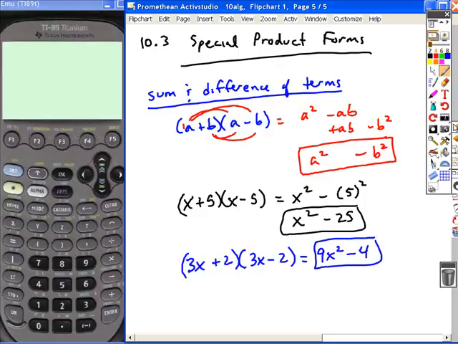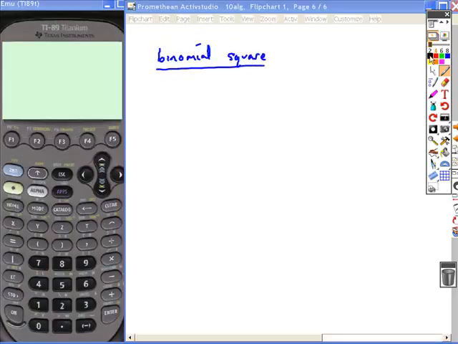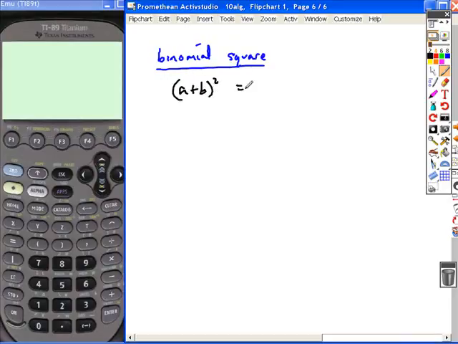All right, one more pattern to take a look at is the binomial square pattern. The binomial square pattern says if you have a binomial, or two terms, whether they're added or subtracted, and you square it, the pattern that it fits into is you'll take your first term and square it, then you'll take the product of these terms and double that.